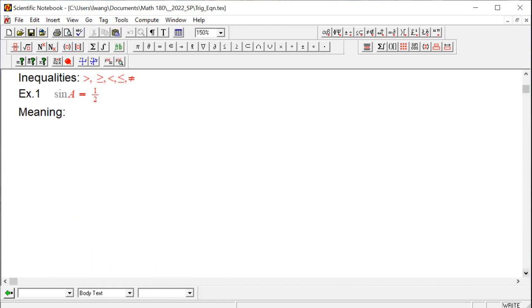If we understand the meaning of a simple one, then we will be able to handle cases like what if sine A equals 1/3, which is not a special angle. And we should also be able to handle sine of A equals -3/5, such as these examples.